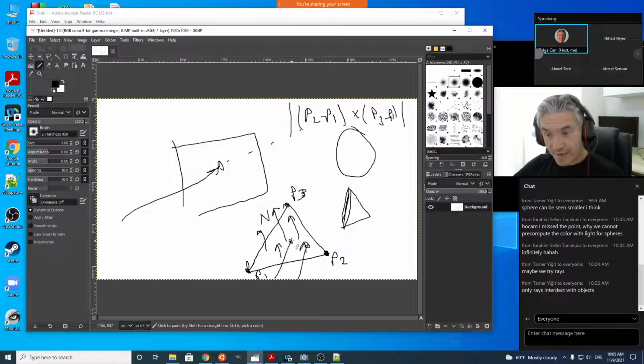But what if we precompute the colors at the vertices, and when we hit a point inside a triangle, we interpolate the colors that were computed for the triangle vertices instead of recomputing the color from scratch for this point?